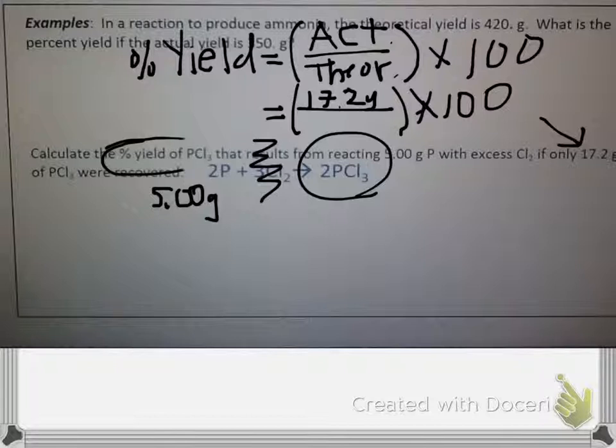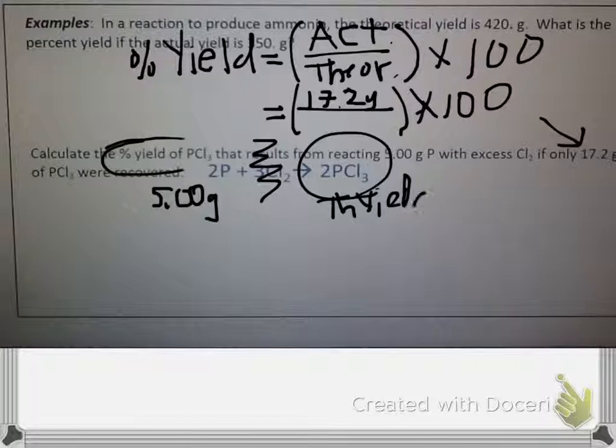Well, that's my reactant. That is not my theoretical yield of my product. I don't have any other numbers here, do I? I want to know what the theoretical yield of the product is.